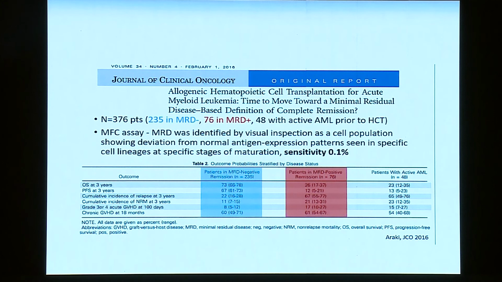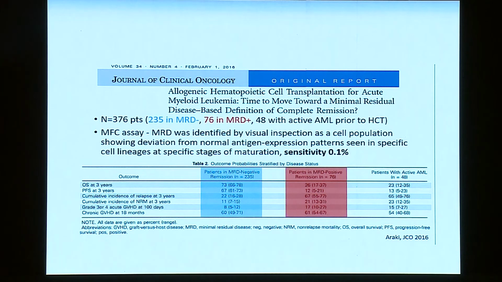In this paper in JCO in 2016, it looks at 230 MRD negative patients and 76 MRD positive, and there are around 48 who came to the transplant. They were active leukemia prior to transplant.